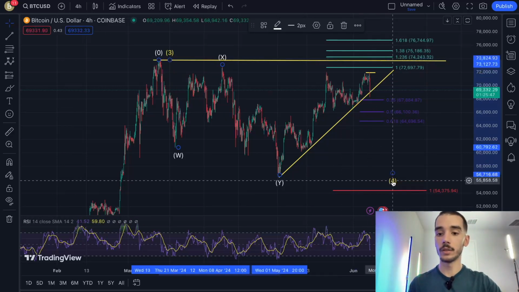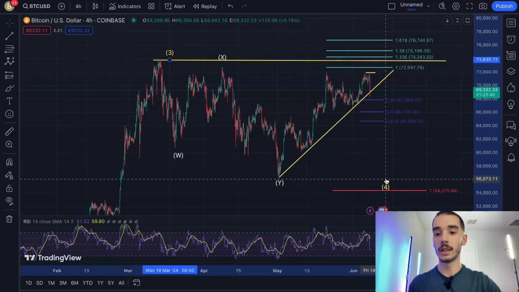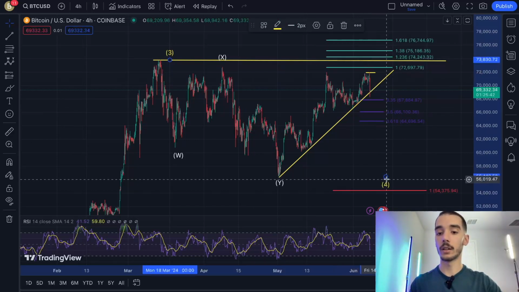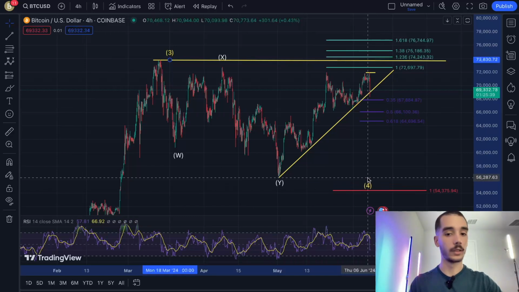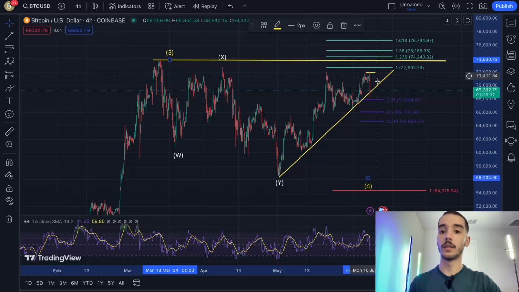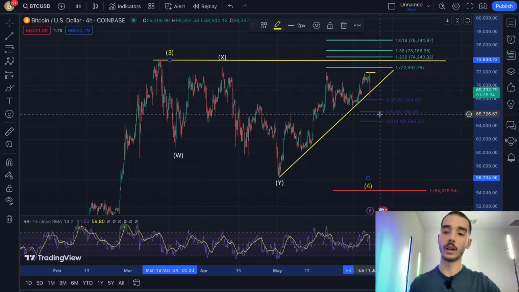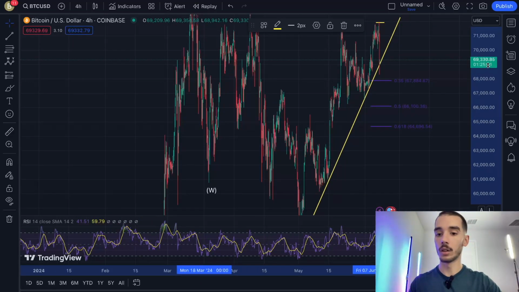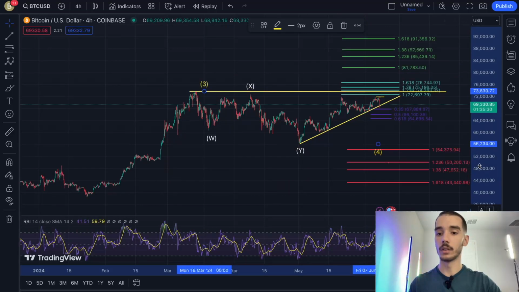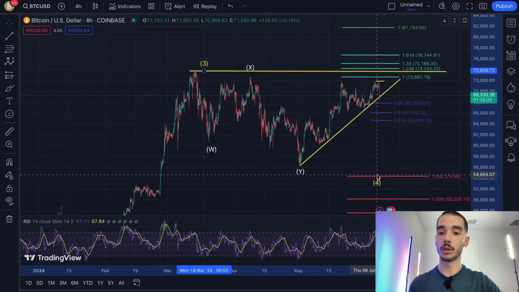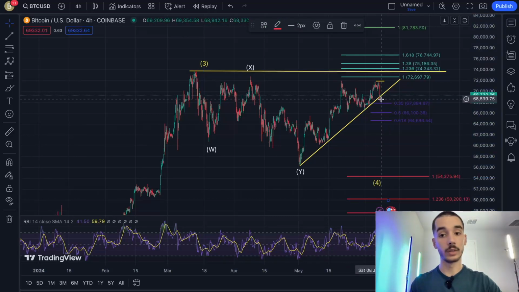This bigger fourth wave is not done until we make a new all-time high. This fourth wave is not done, indicating that if this purple support area does not hold and we go into the red support area, this overall fourth wave could drop lower. Although I don't see that happening.